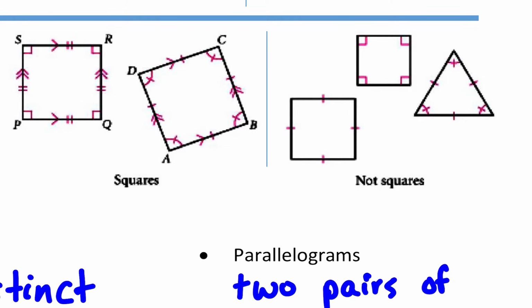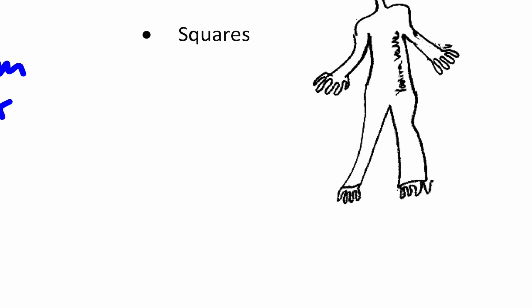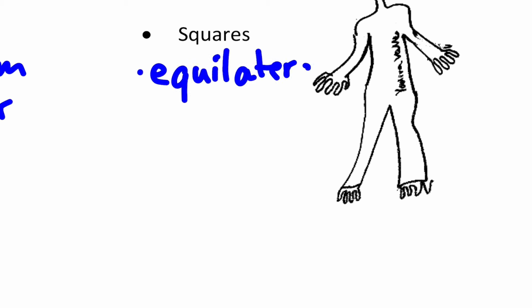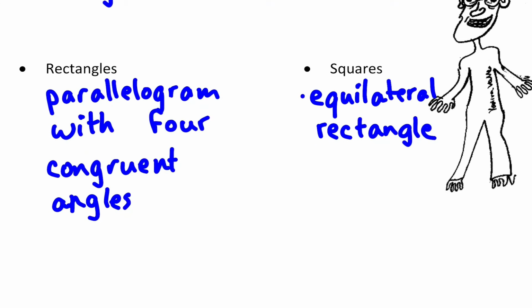So the characteristics of a square, there are a few different ways we talk about squares. So it's an equilateral rectangle. So equilateral, all sides are congruent. And if we look over at rectangle, a rectangle is a parallelogram.